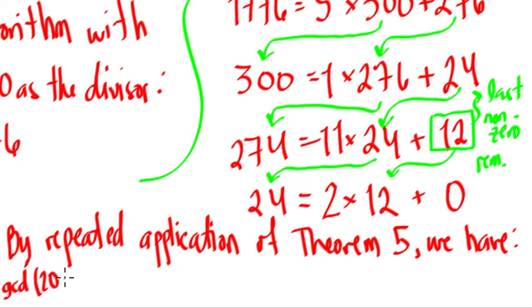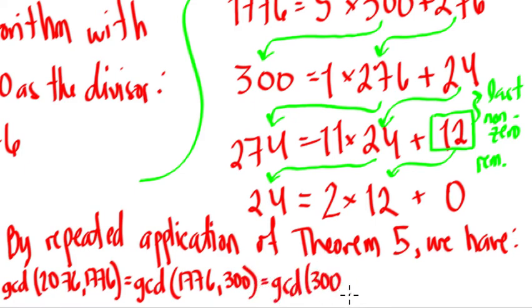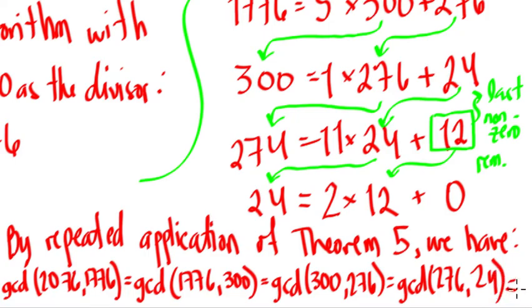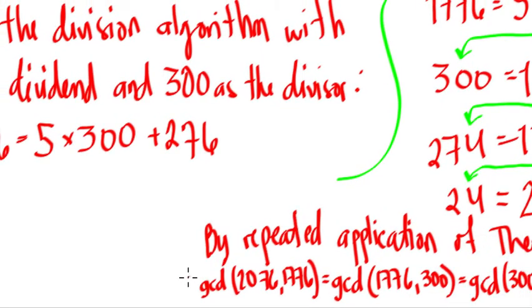The GCD of 2076 and 1776 is equal to the GCD of 1776 and 300, which is equal to the GCD of 300 and 276, which is still equal to the GCD of 276 and 24, which is equal to the GCD of 24 and 12.